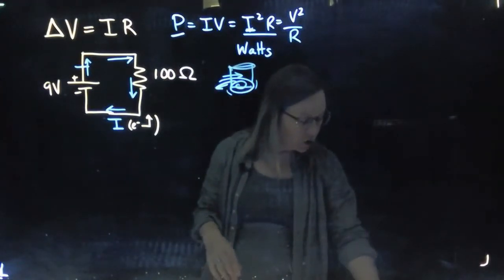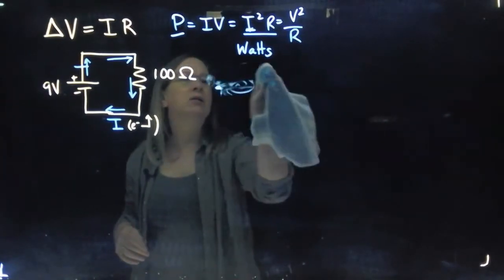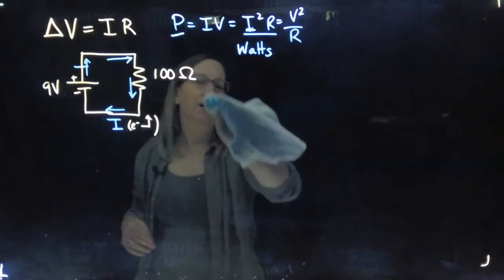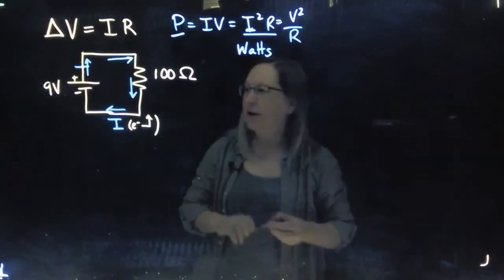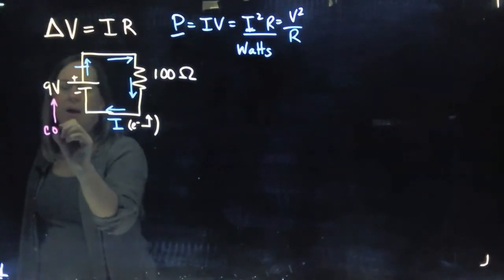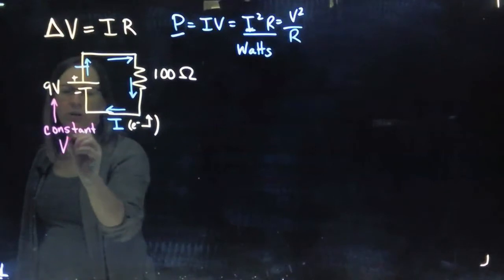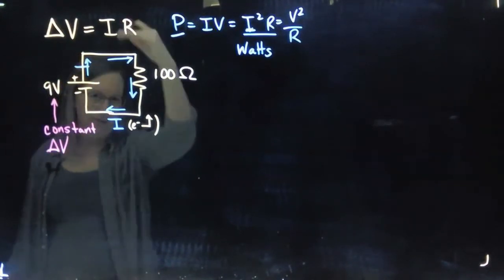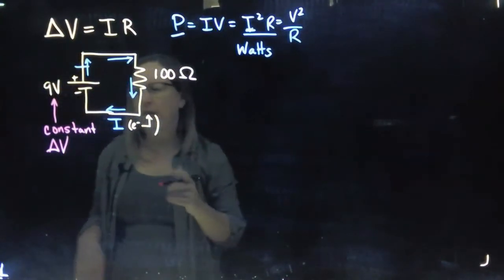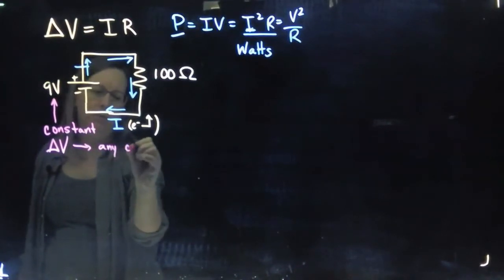The thing to notice about batteries and resistors is that batteries, in the ideal case, are a constant voltage supply. So we think of them as a constant voltage, constant delta V. It's like a hill of a certain height, which can provide any current we want.